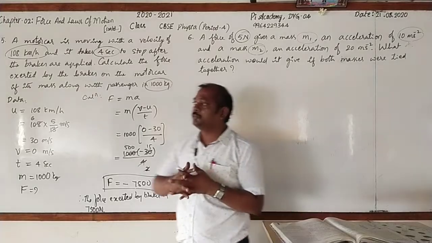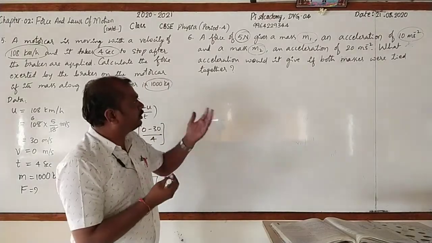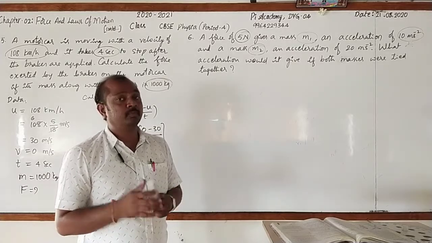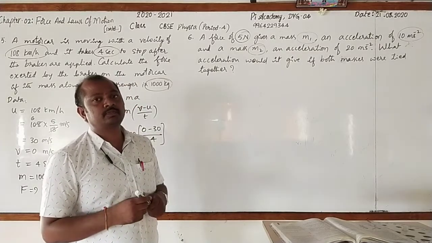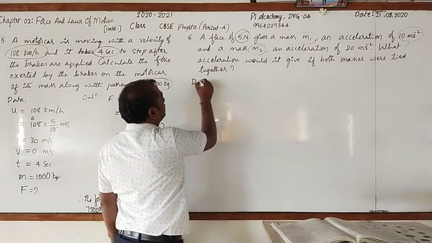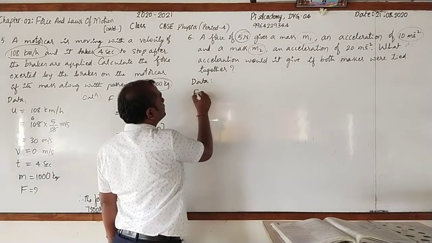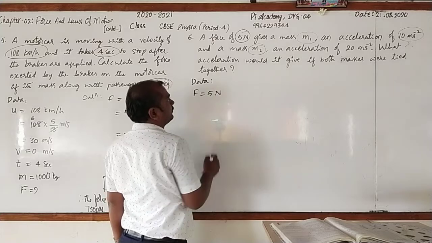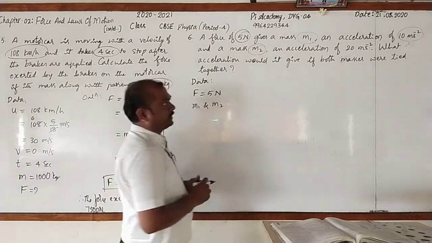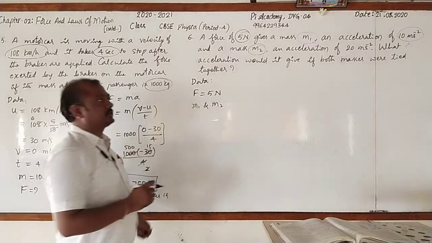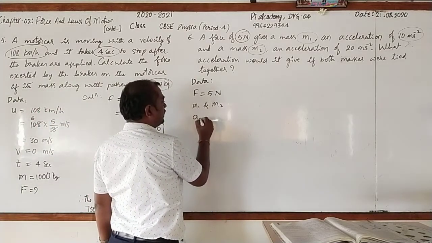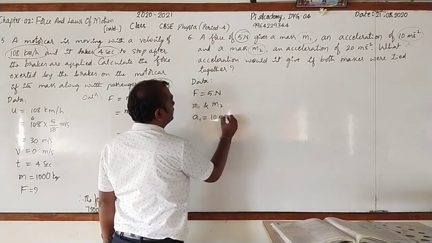If both the masses were tied together, but do you know, the masses m1 and m2 both are unknown. So first we should find out both m1 and m2. Here I'll write the data. Force is given, it is 5 Newton, and m1 and m2 are the masses of two bodies. Acceleration with respect to m1 is a1, which is 10 meter per second square.